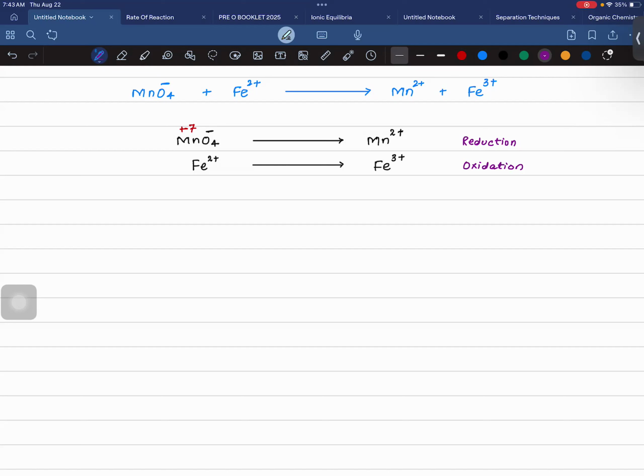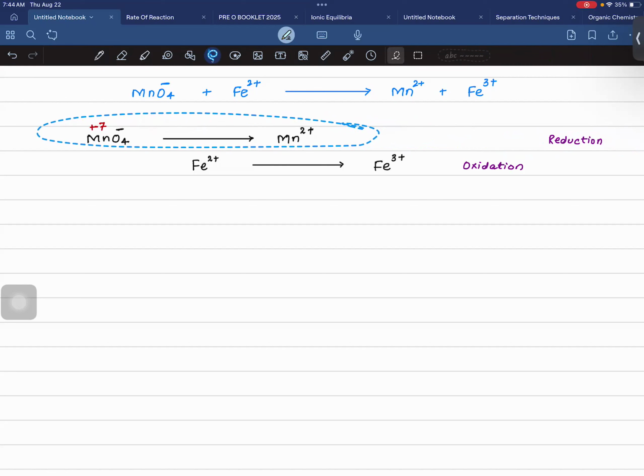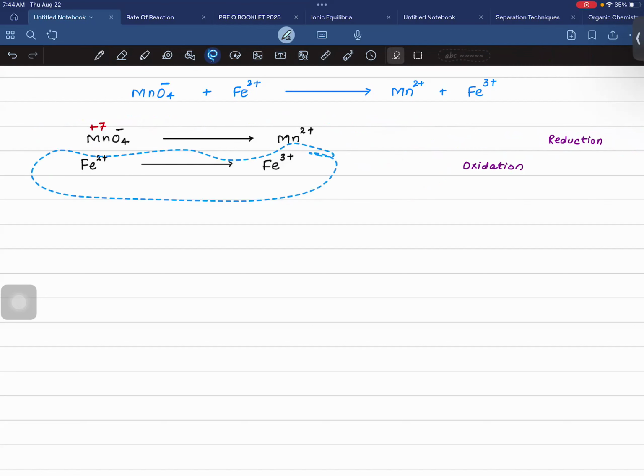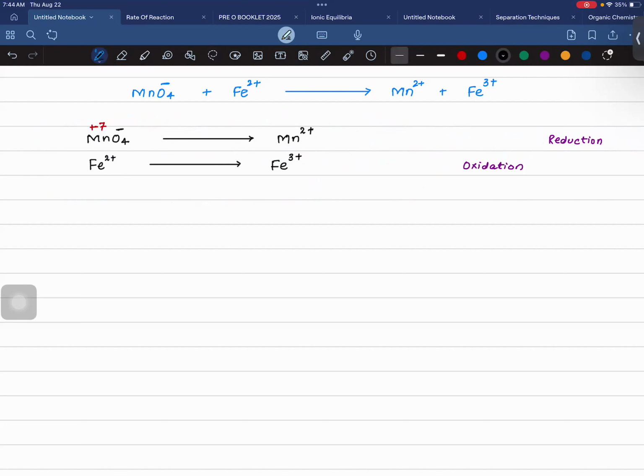And then I'm going to balance the metals in the first equation. Manganese is a metal.